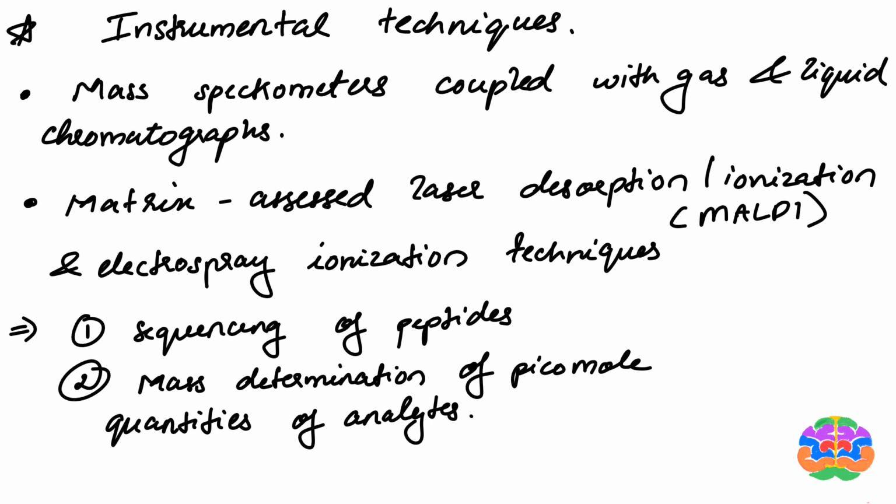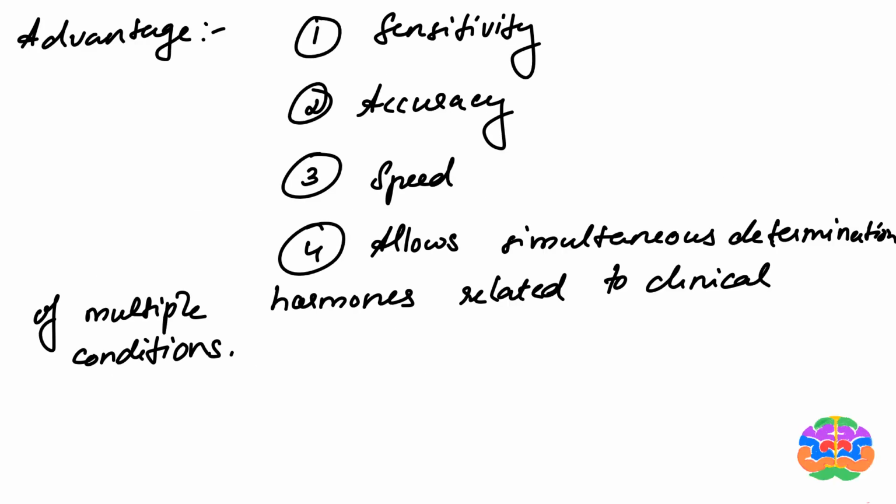Here, they mainly do sequencing of peptides, mass determination of picomole quantity of analytes. Advantage of this method is increased sensitivity, high accuracy, speed, and it also allows simultaneous determination of multiple hormones related to the clinical conditions.